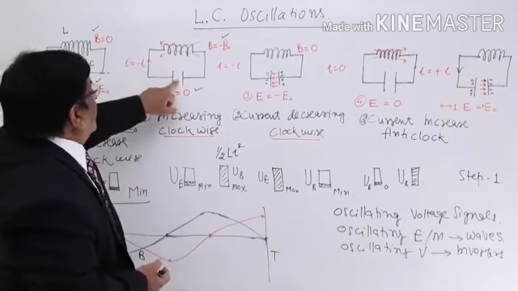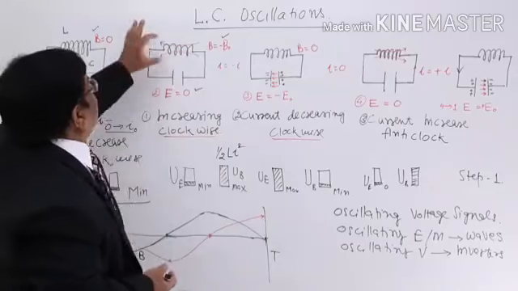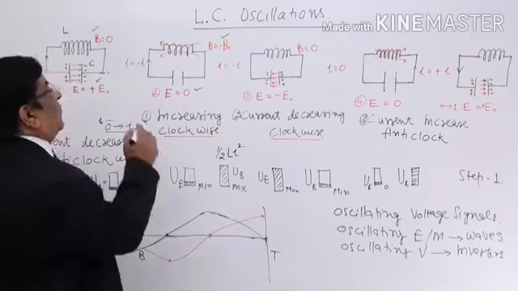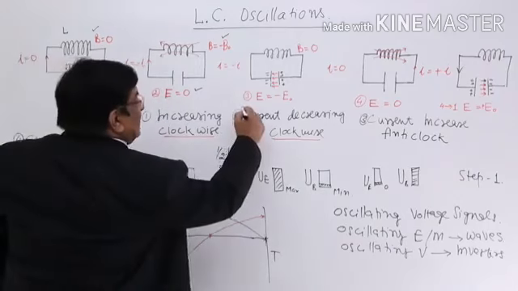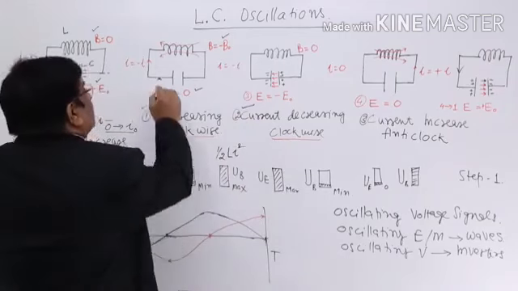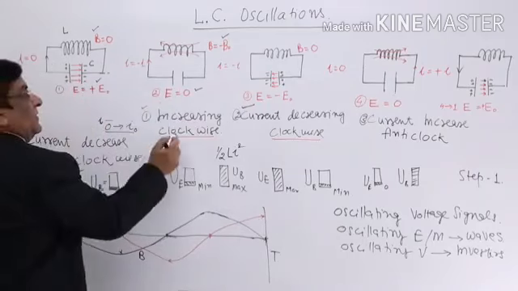Now when this stock is going to finish, the current decreases. What is the nature of the inductor? When the current is decreasing, that is this stage. Now we have come to this stage. This clockwise current was increasing. Why? All the charges were going.